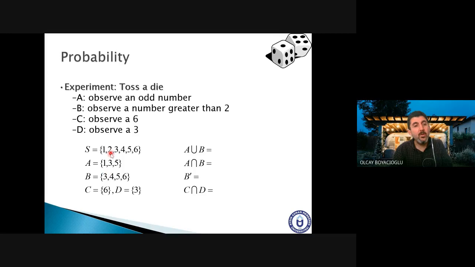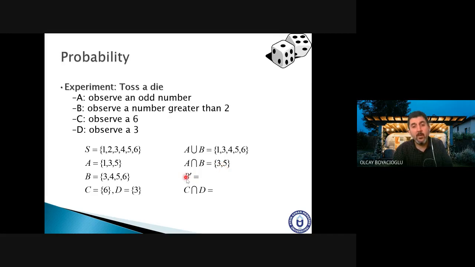What about 2? 2 is out of the question here. A union B would be, here it is, 1, 3, 4, 5, 6. A intersect B means the values that are common in A and B. Which ones are common? The 3's are common and 5's are common in A and B. So A intersect B would be 3 and 5.